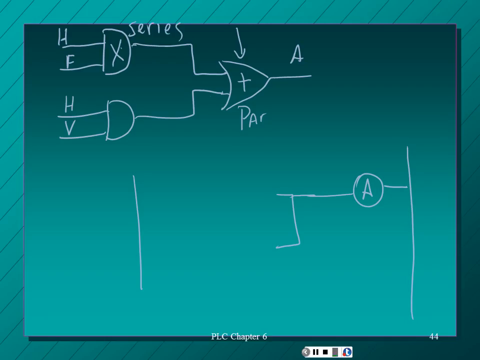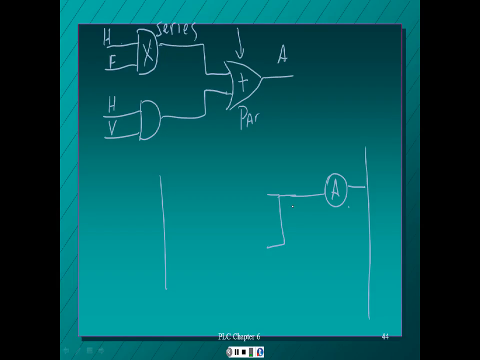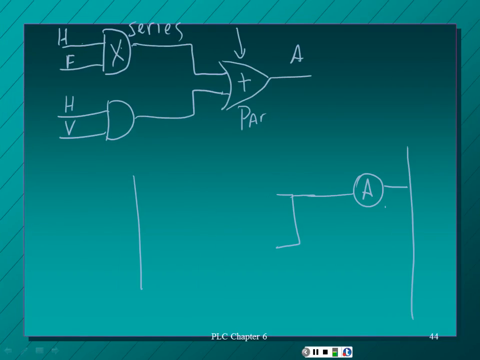Write your notes or don't write your notes. I'm doing it because I want you to see how we're doing this. So looking at this series, how many inputs am I going to have in series? Okay, I'm going to have two inputs in series.